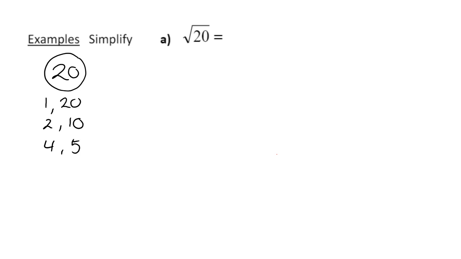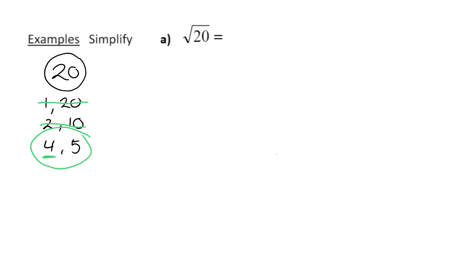Now, rather than going through the options like I did in the previous slide, what we're looking to identify is a pair that includes a square number. 1 and 20, no square number. 2 and 10, no square number. 4 and 5, we've got 4 as a square number, and that's going to help us when it comes to splitting this root 20 up.